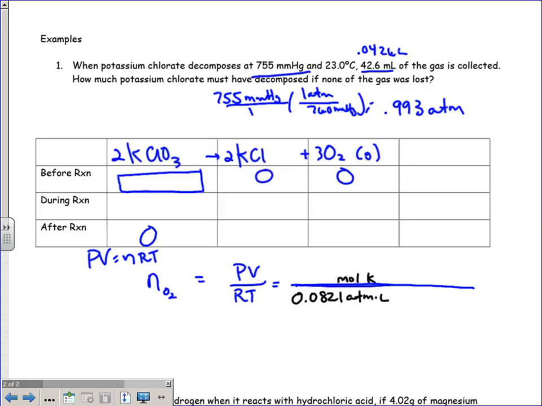And now I think we have all the information. Oh, no. Celsius, of course, has to be in Kelvin. So 23 plus 273. Please forgive me. And it's 296 Kelvin. Better put that 0.0 on there.